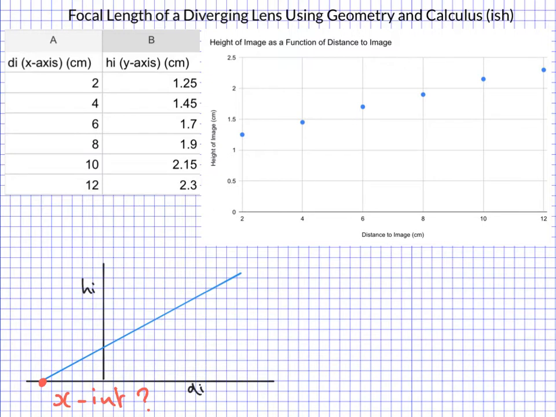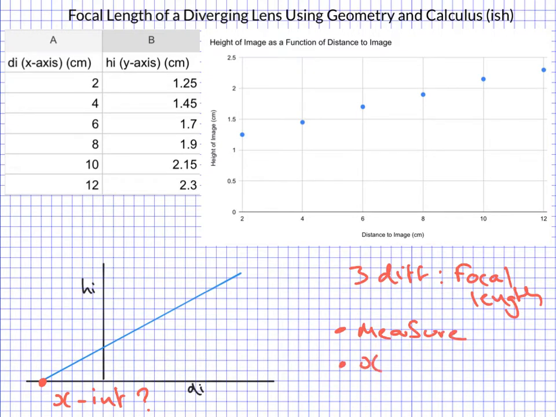But that's not what we're going to do. We're going to take a slope value, and we're going to use slope as well. So at the moment, we're playing around with 3 different ways of getting the focal point, the focal length. Okay, we are just going to go ahead and make a measurement on my drawing. I'm just going to take a straight measurement.